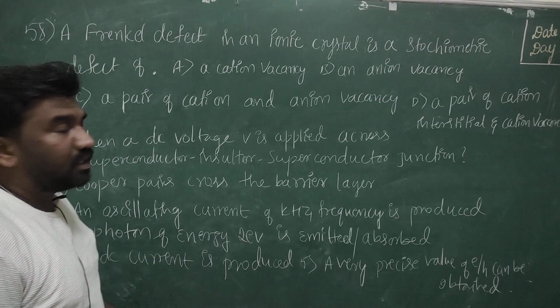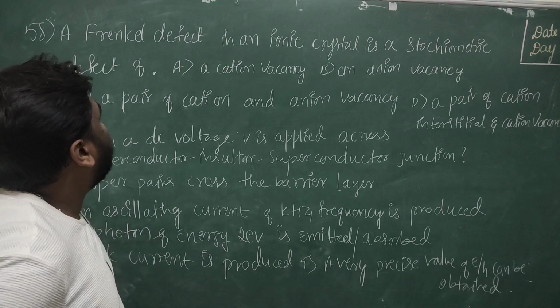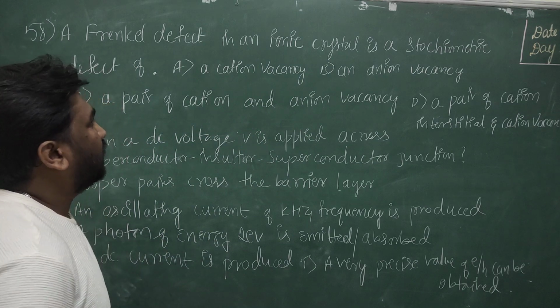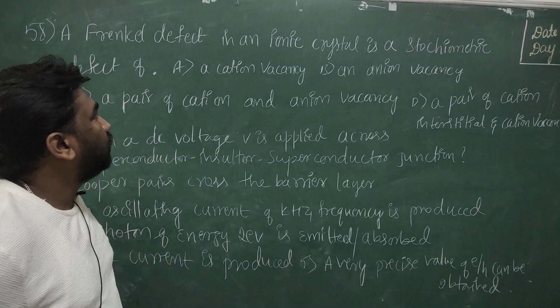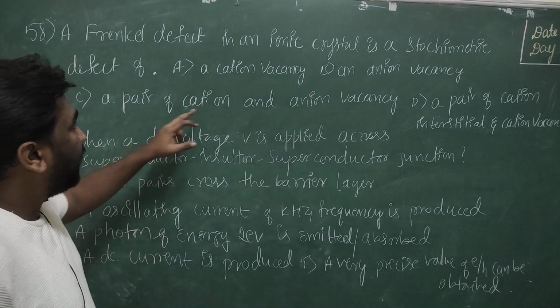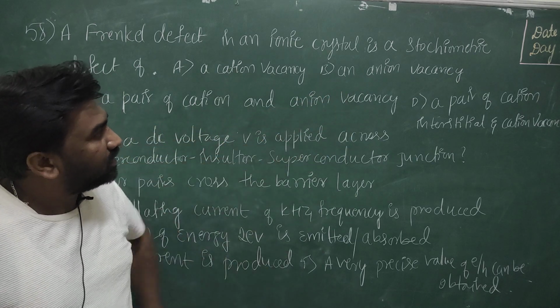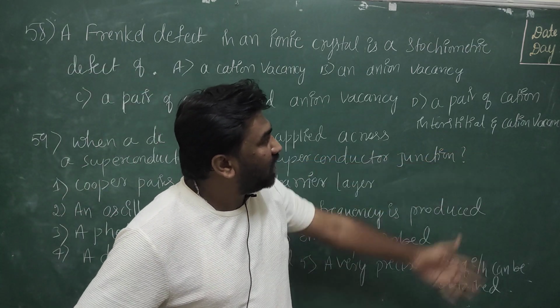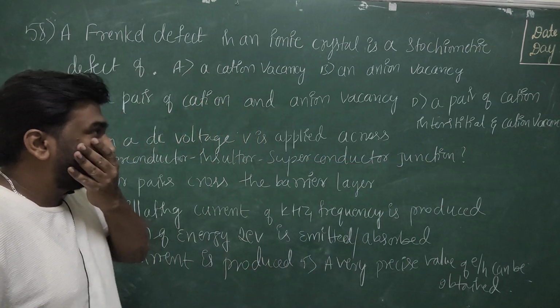So this is question number 58. A Frenkel defect in an ionic crystal is a stoichiometric defect of a cation vacancy, an anion vacancy, a pair of cation and anion vacancy, or a pair of cation interstitial and cation vacancy.